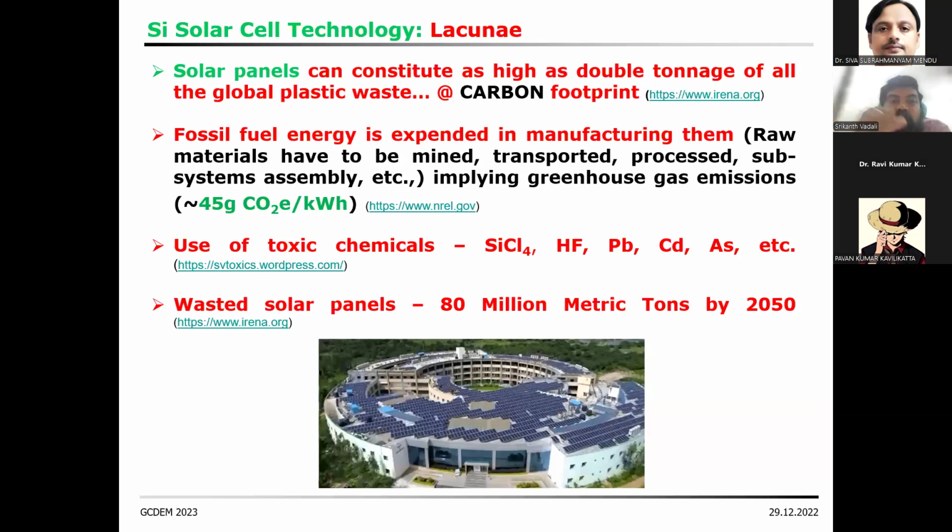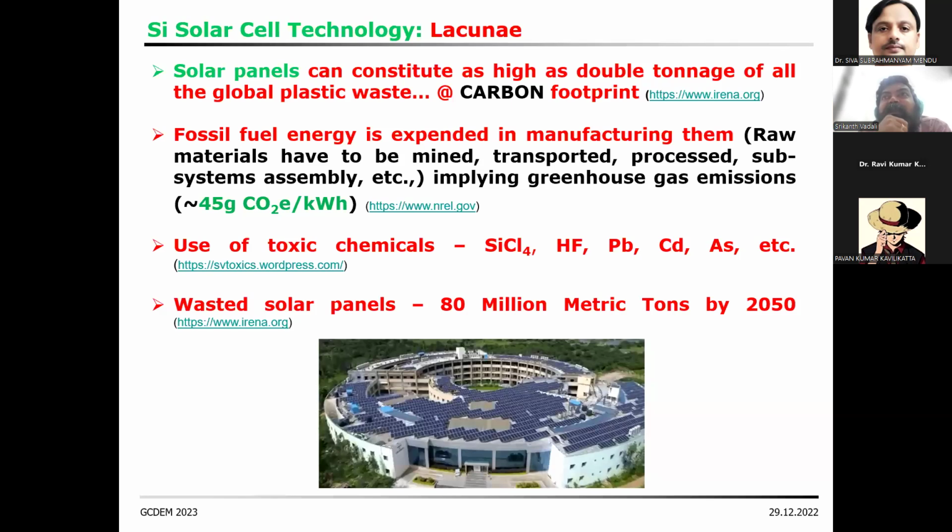You need raw materials like silicon, you need to transport them, process them, fabricate subsystems, assemble them, install them, and maintain them. All of these have an influence, and for all of these, fossil fuel is used.